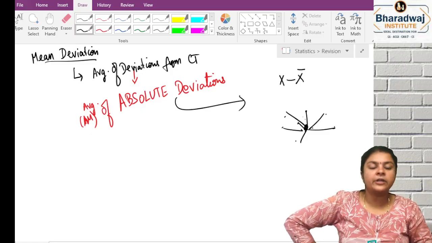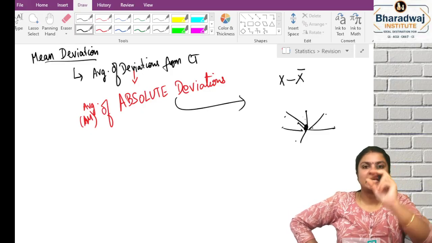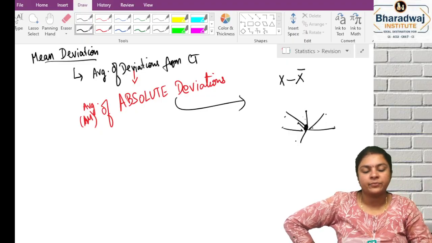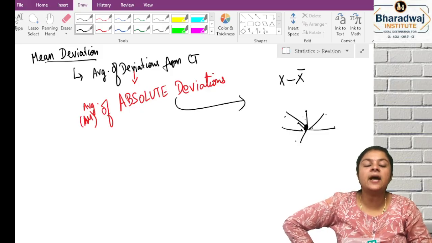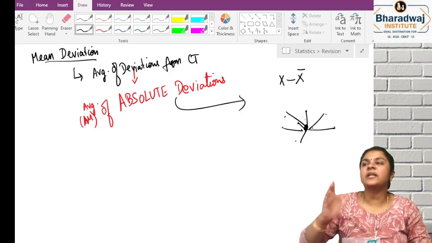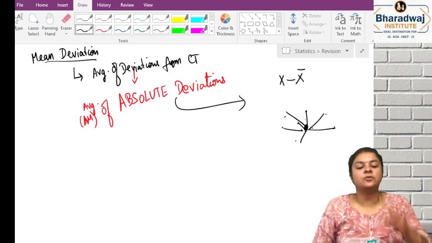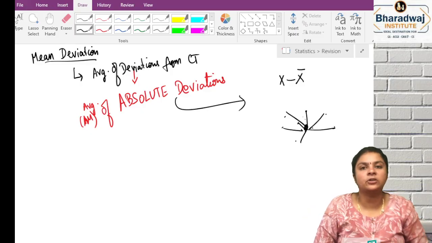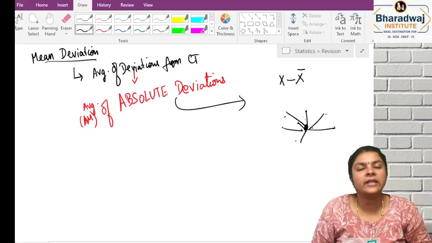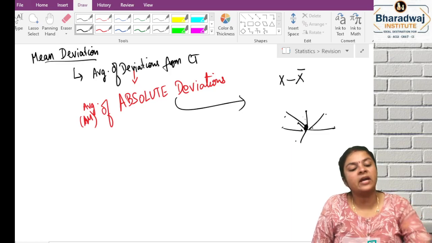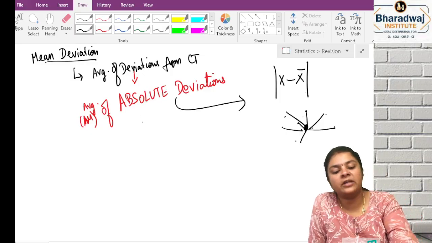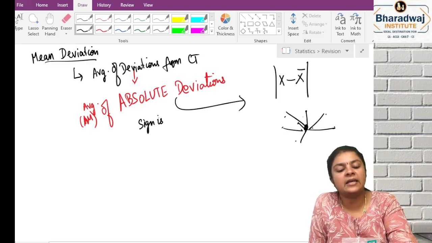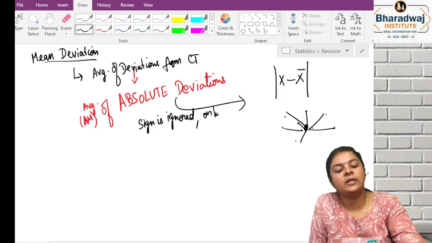Every value is taken as x and we are going to take x bar. Absolute deviations means we are ignoring the sign. The deviation can be positive or negative because the values can be either less than arithmetic mean or more than arithmetic mean. So we are ignoring the sign. We are going to take only the value. So absolute deviation means sign is ignored, only value taken.